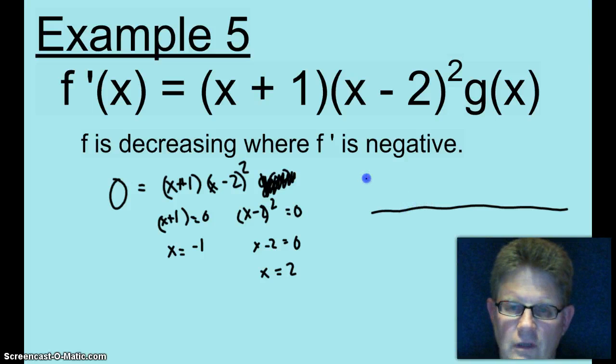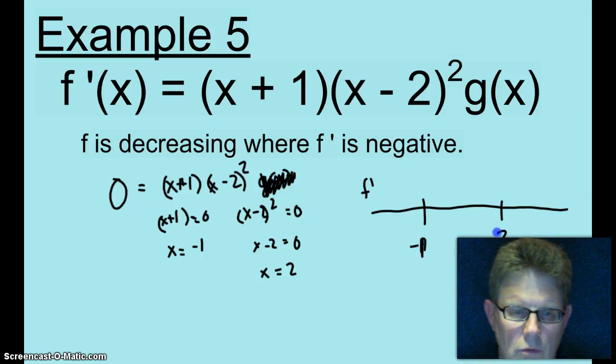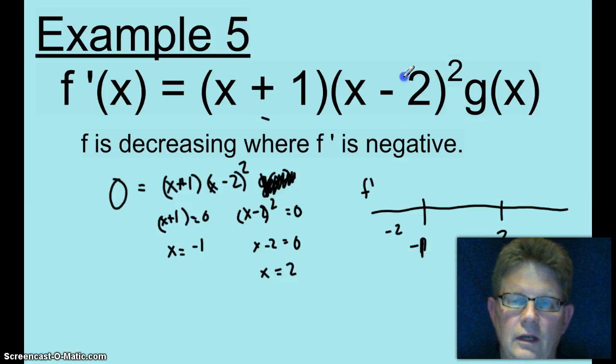Okay, let's use the first derivative test. -1. Let's say 1. That's not a 7. And 2. Alright. Pick a value less than -1. Let's try -2. Put a -2 in there. That would be negative. Put a -2 in there. It'll end up being positive because we're squaring it.